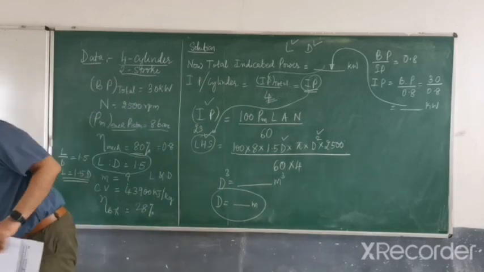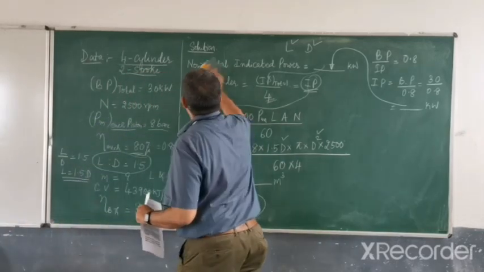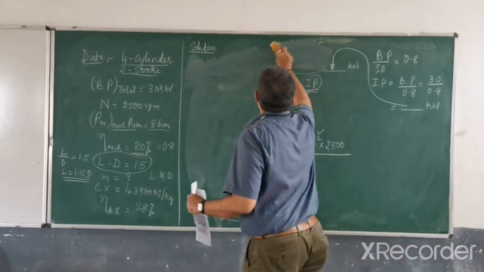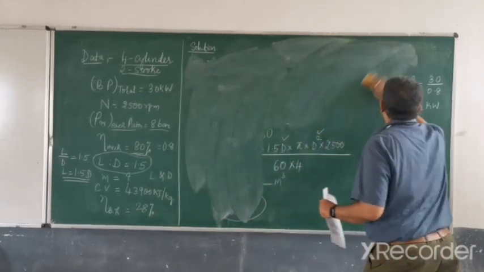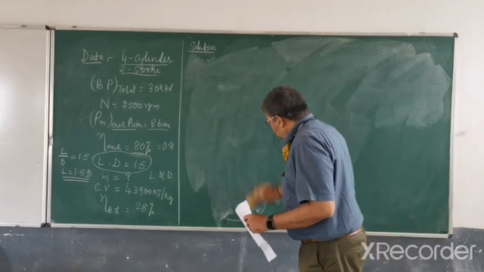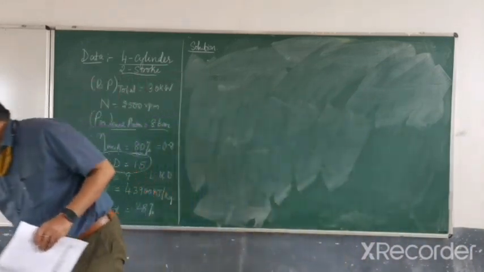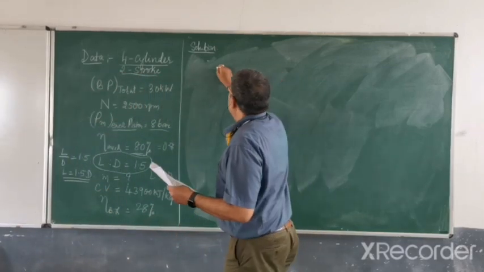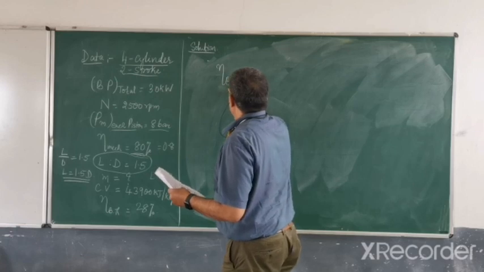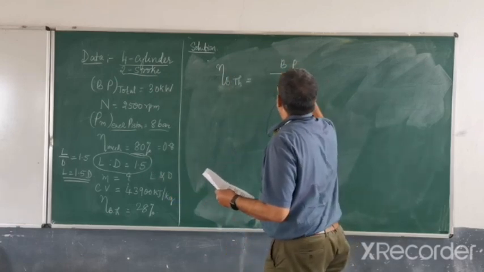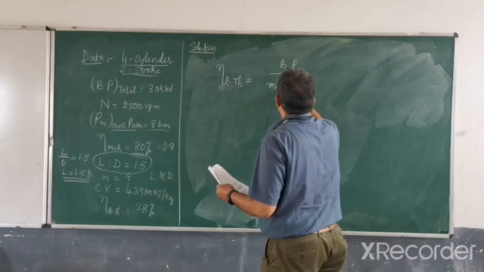So how do I find out the specific fuel consumption? I know the equation for the brake thermal efficiency. I will write it as brake thermal efficiency equals brake power divided by m into CV.